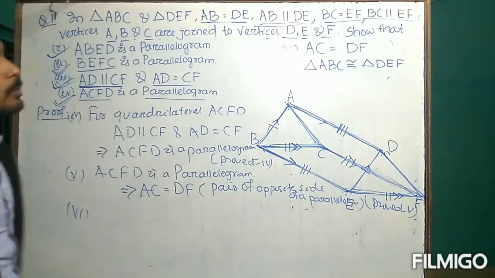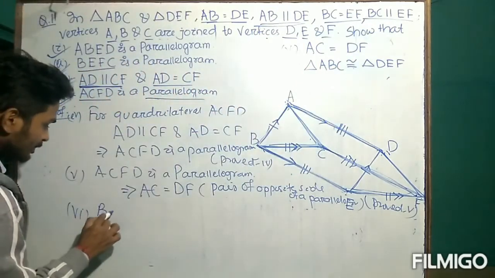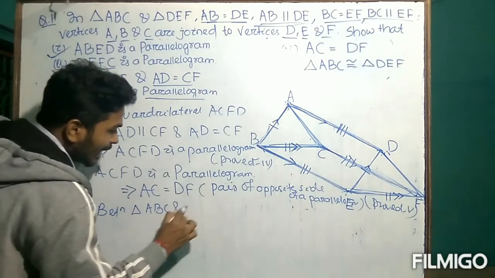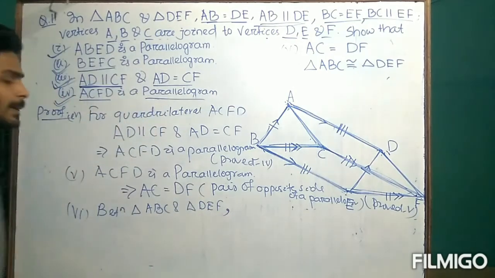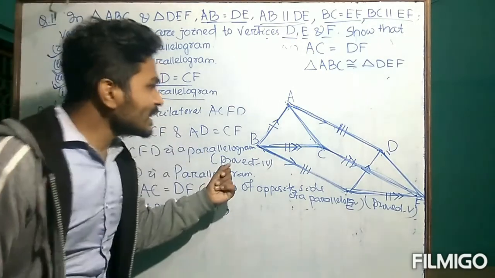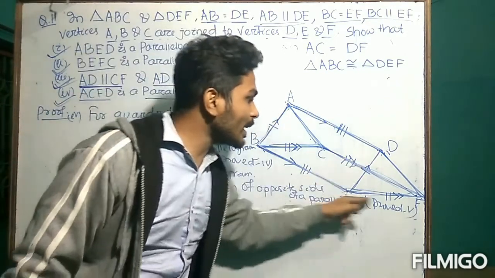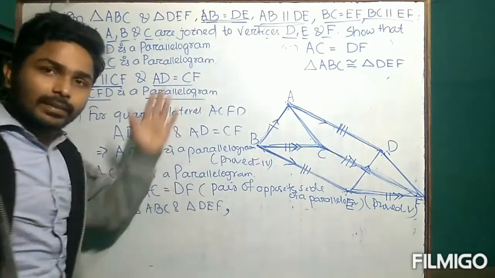So for this we have to compare these two triangles, right? Between triangle ABC and triangle DEF. Okay, so it is already given that in triangle ABC, side AB is equal to side DE of triangle DEF. AB is equal to DE, already given.